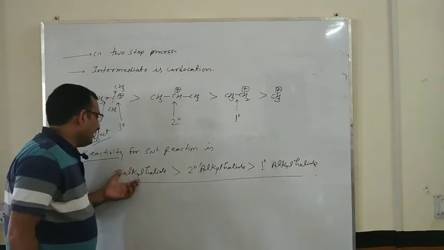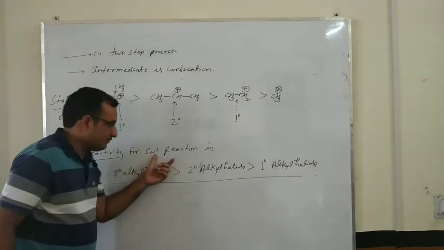So 3 degree alkyl halide is more reactive for the SN1 reaction.